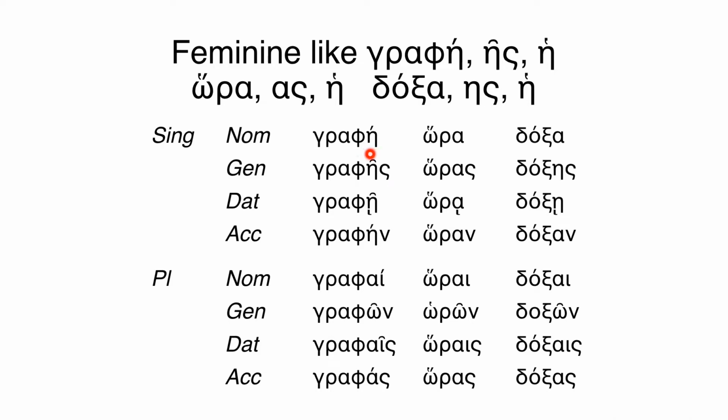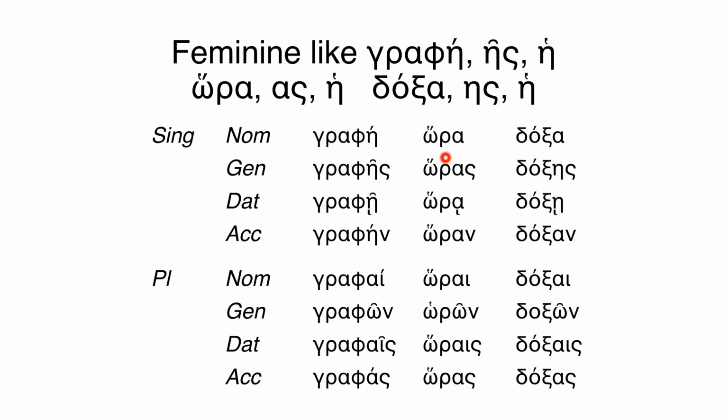However, some nouns, feminine nouns, have stems that end in a vowel or the letter rho. Remember I said that rho is a consonant that sometimes behaves like a vowel, and this is a good example. So hora, which means hour or time, is our example for feminine nouns whose stem ends in a vowel or the letter rho, and we see that its endings are a little different.